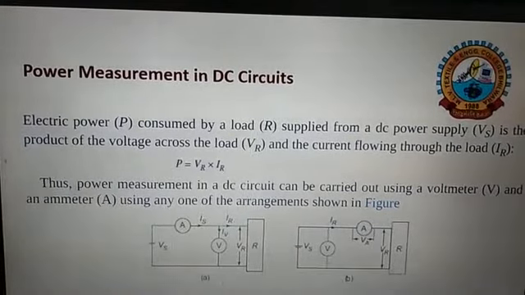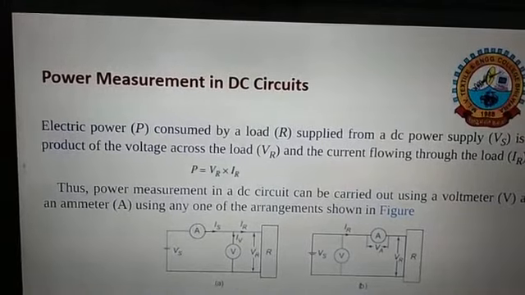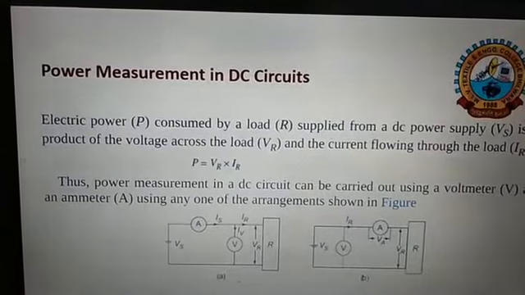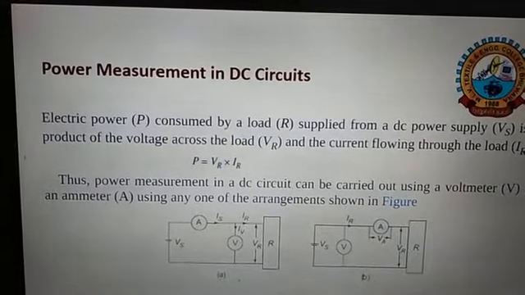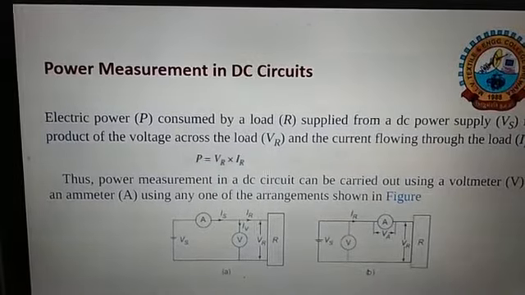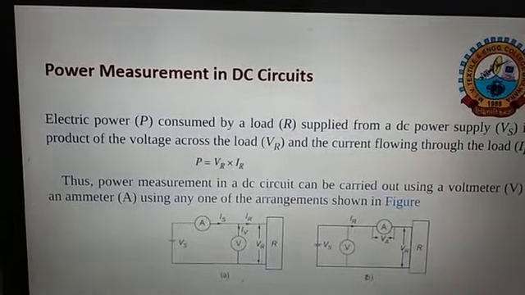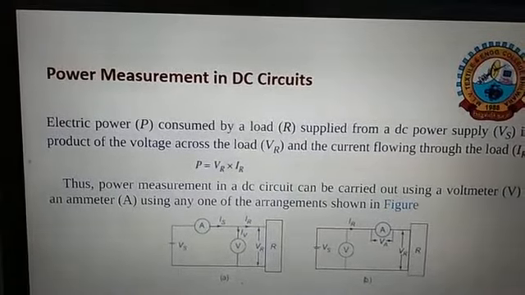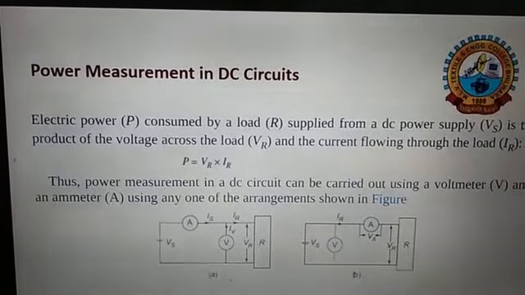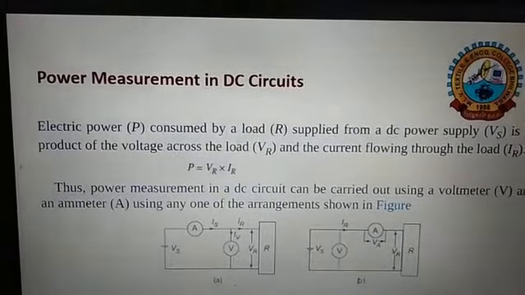In the first diagram, firstly there is an ammeter and then a voltmeter, while in the second diagram first there is a voltmeter and then an ammeter. As you know, an ammeter always comes in series in any circuit, while for measuring the potential difference, that is the voltage between two nodes, the voltmeter is always in parallel. You can see here the ammeter is in series while the voltmeter is in parallel.